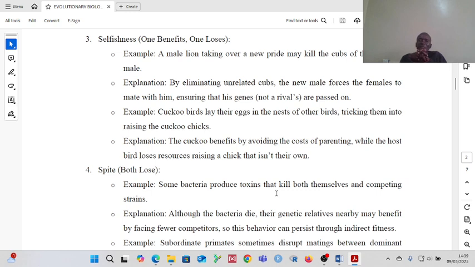In selfishness, the example we give here is, if, for example, there is a lion which is taking over a new pride, it is likely to kill the cubs of the previous male. The lion is interested in taking over the new pride, but what does it do? It kills the cubs that the lioness had borne with the previous male.